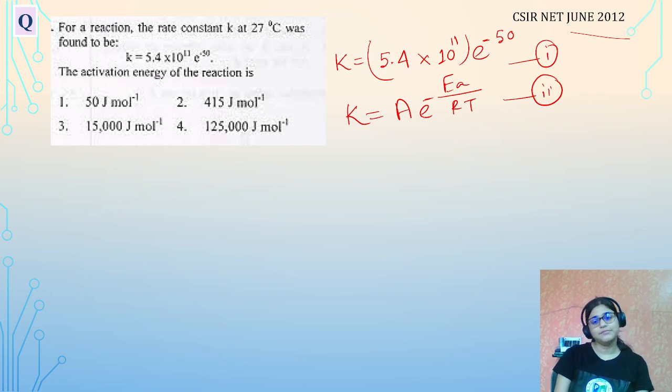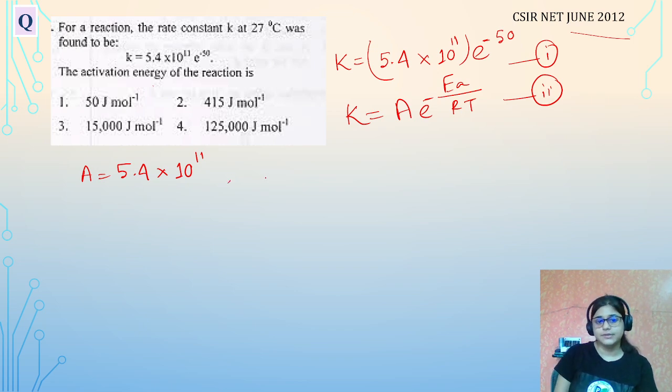Only by comparison can we solve the question. See how easy this is. They wanted to know the activation energy. So what is the pre-exponential factor here? This one. So I am writing A here, and the activation energy also I will write. So A will be 5.4 into 10 to the power 11.